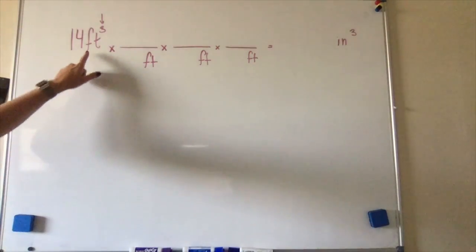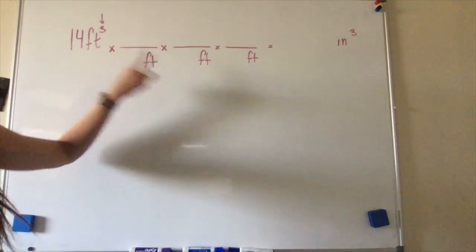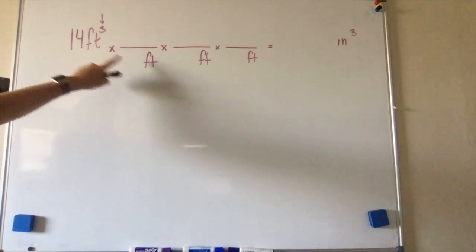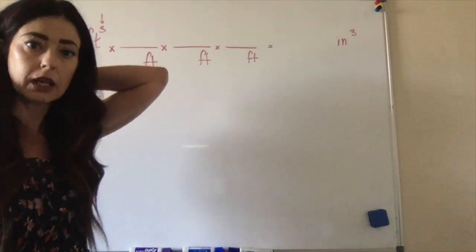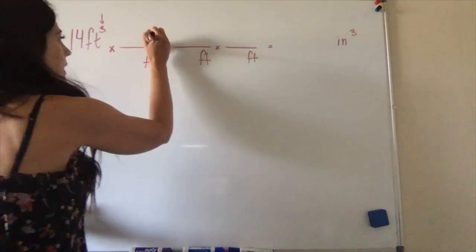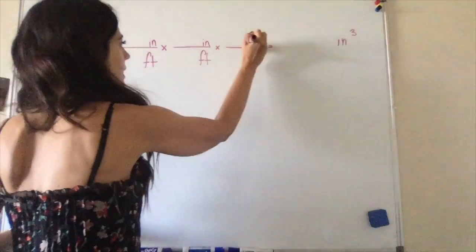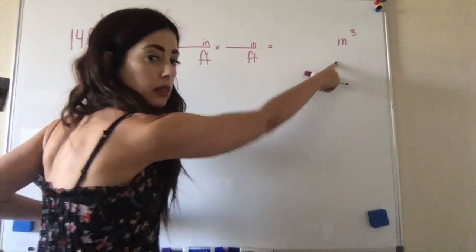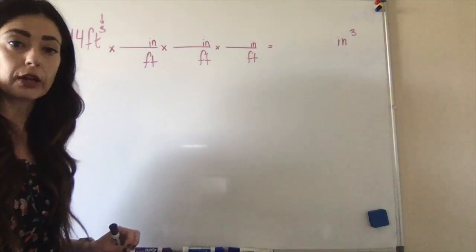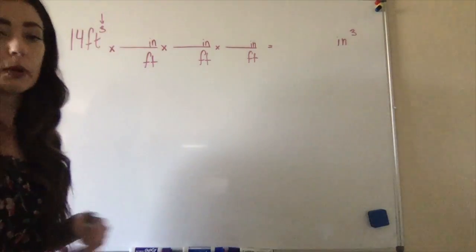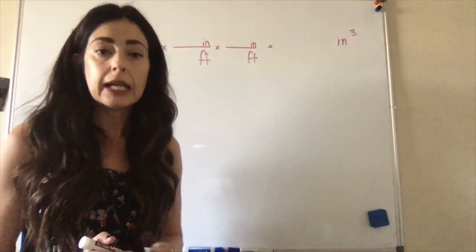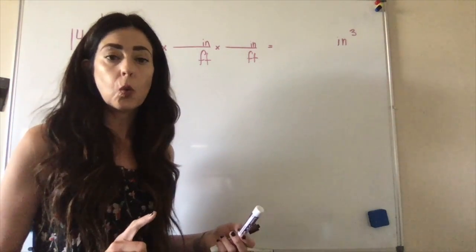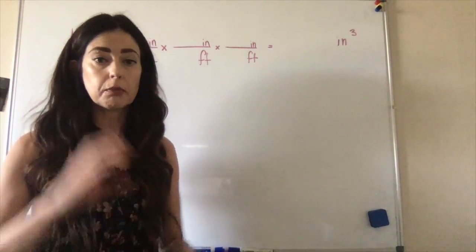Because in multiplication, we cross cancel or cross reduce out. And we need 3, 1, 2, 3 to cancel that unit, okay? And then we know that we're going to have inches in our numerator because that's what we end with for our final answer.